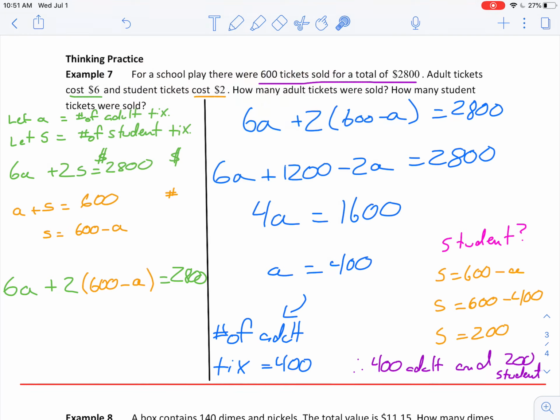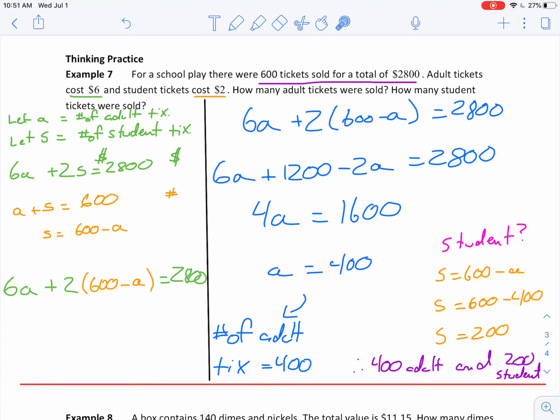So we're going to focus on the left side here. I need to set what the variables are for adult tickets and student tickets. So simply let A equal the number of adult tickets and let S be the number of student tickets. So I know they cost $6 for an adult ticket, plus $2 for a student ticket, gives us $2,800.